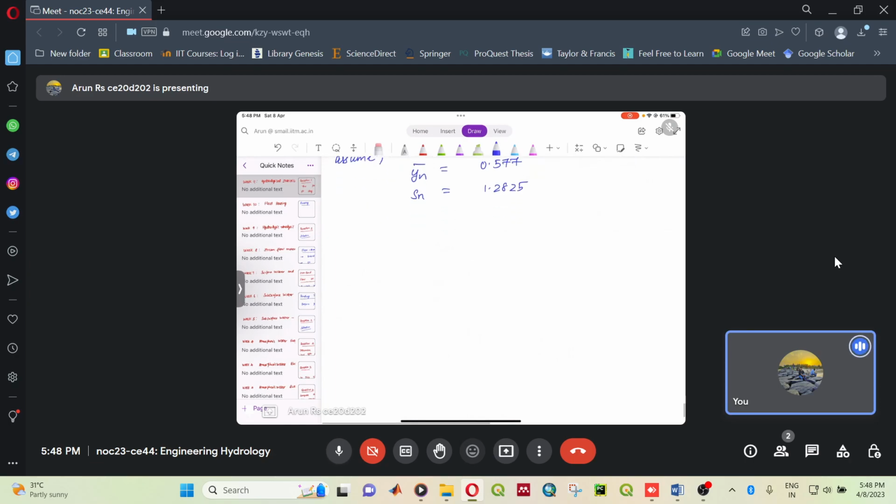So this we can assume when the infinite sample is given. Now we can substitute in the above equation and find out the value of yt.